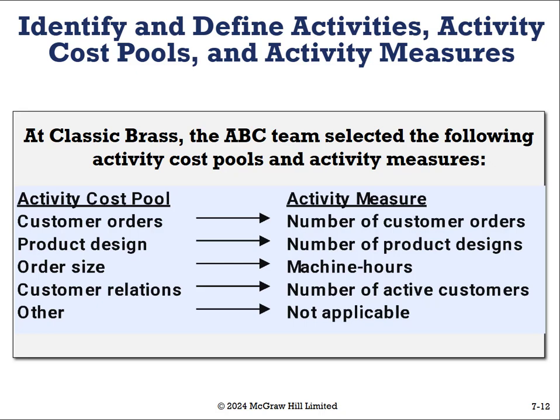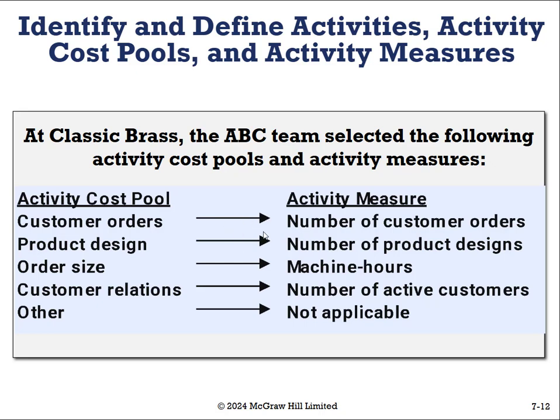Okay, so we have at Classic Brass, the ABC team selected the following activity cost pools and activity measures. So we have customer orders that are going to be measured by customer orders. Product design, which are going to be measured by the number of product designs. We're seeing the cause and effect.